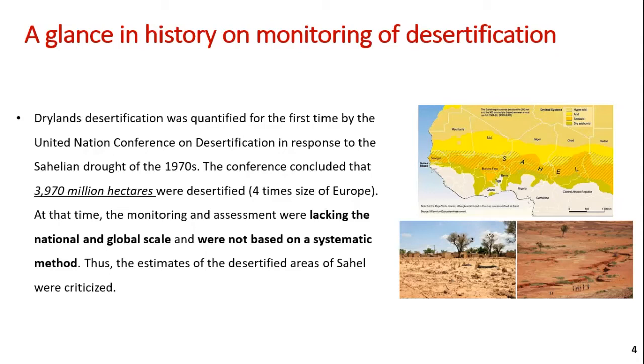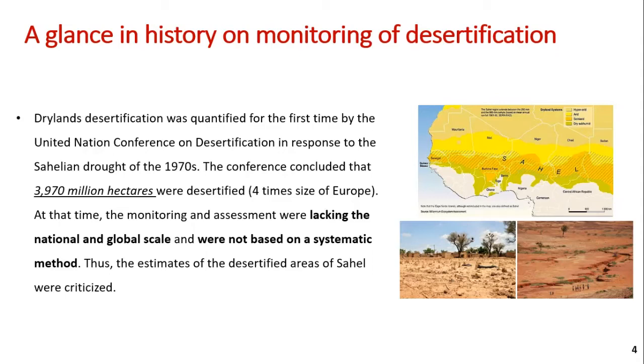And in the conference, they concluded that around 3,970 million hectares of the Sahelian area is undergoing the effect of desertification. And this is really a huge area. It's about 4 times the size of Europe.